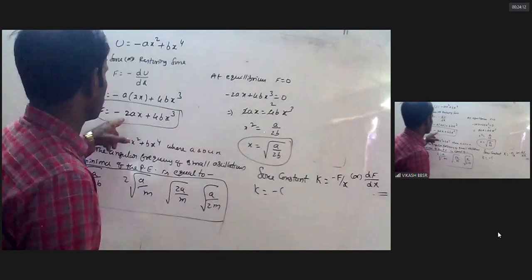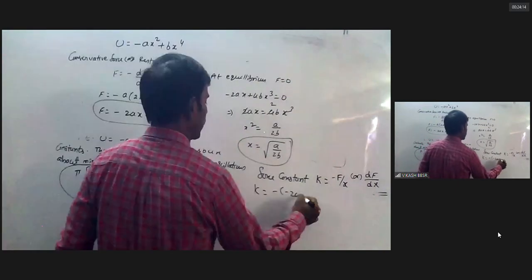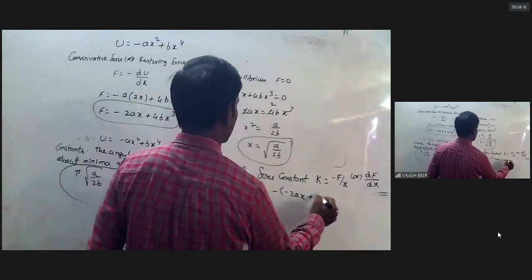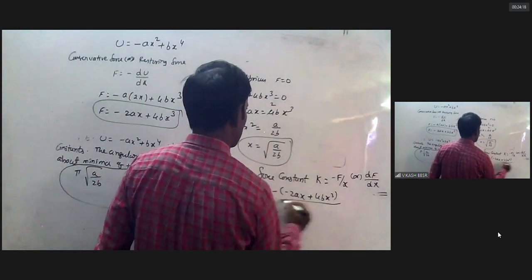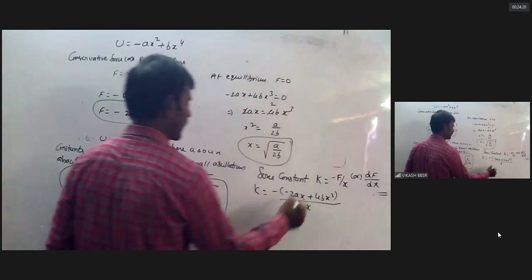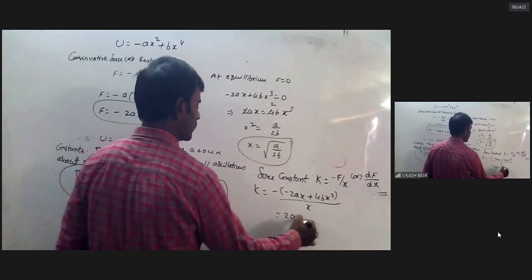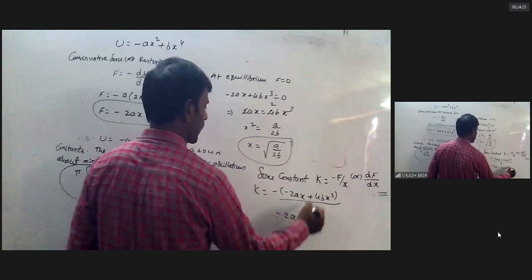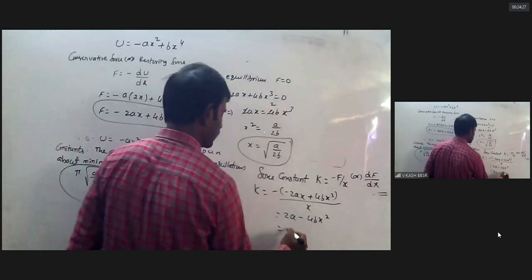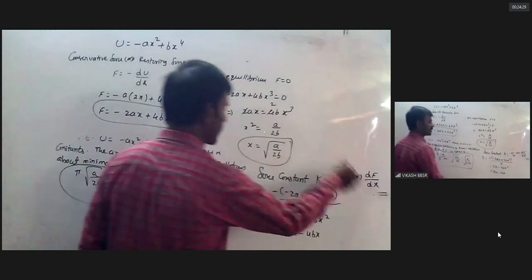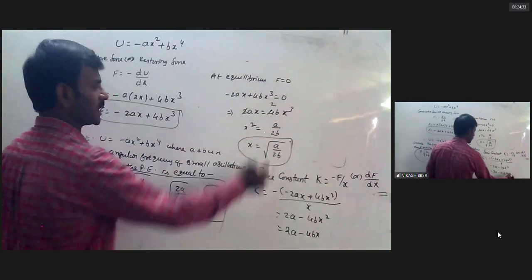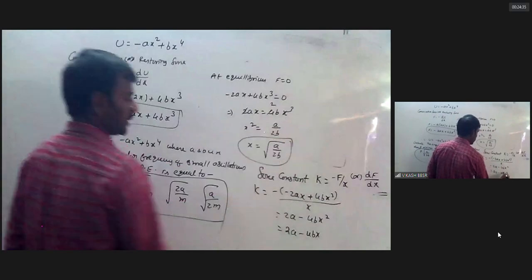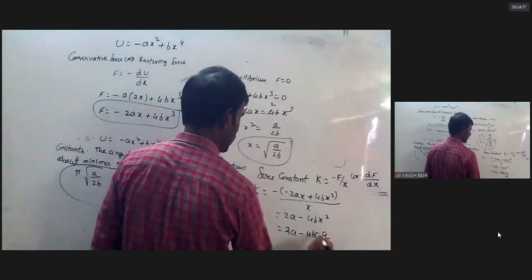F value how much will be minus 2ax plus 4bx cube upon x? You can take the negative inside. 2a minus 4b into x square. 2a minus 4b into what is the x value we have got? A by 2b. A by 2b means this one.